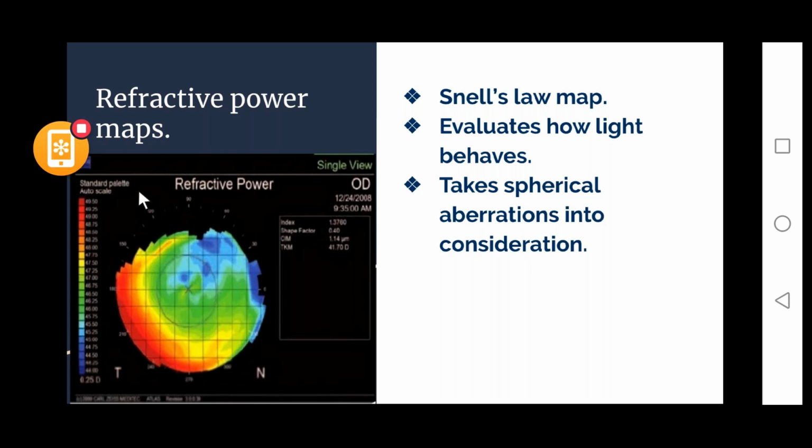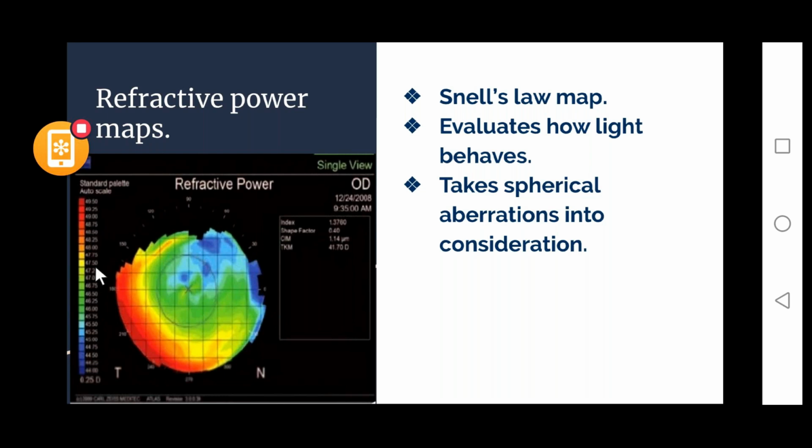See, basically, let's remember refraction comes in diopters, right? So on the left side, the color maps you are seeing signify the dioptric values. So this is refractive power, and power is again diopters. All the warm colors signify more diopters or the steep cornea, and all the cool colors signify your flat regions or less power.